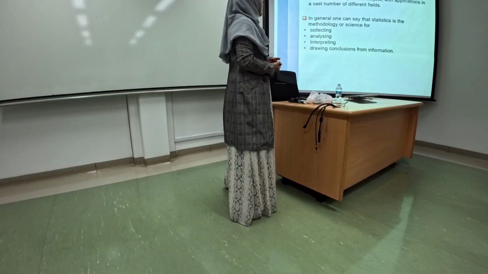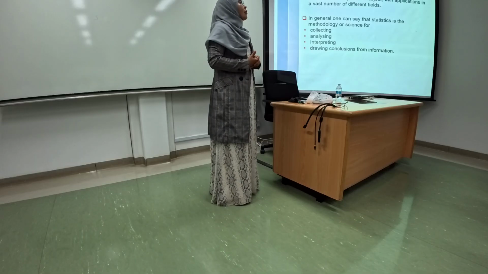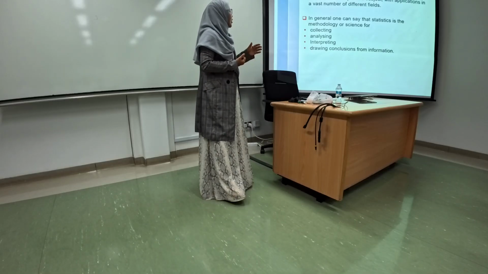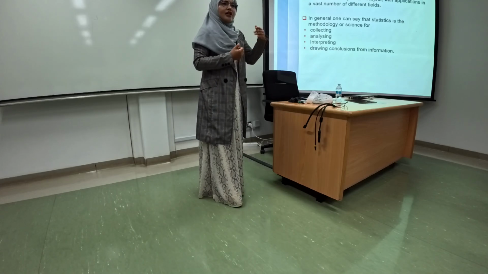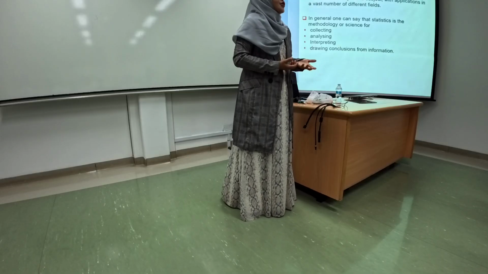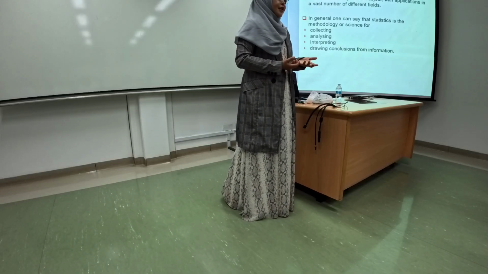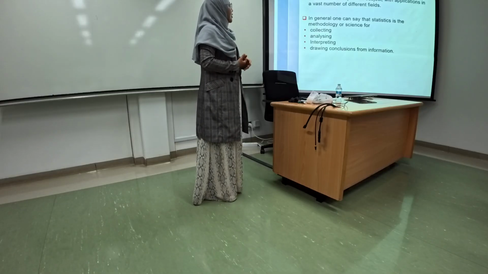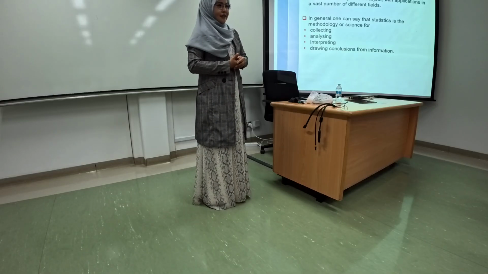So statistics can be applied in a vast number of different fields. What kind of fields are we talking about? We are talking about the agricultural field, biological field, chemistry, even in social sciences we use statistics. So in general, one can say that statistics is the methodology or science.